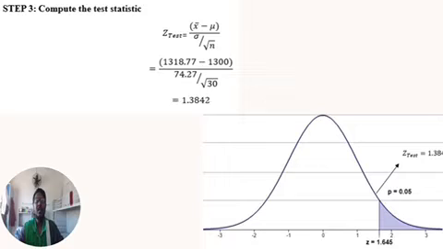For the normal distribution drawing, we will be drawing a normal distribution and shade the right tail of the distribution, because as said in the question, it is greater than 1300 calories, where the shaded region of the right hand side will be till the z critical value of 1.6449. And as seen here, the z-test is smaller than the z-critical, causing it to be not rejected because it is not in the shaded region. The shaded region is the region said to be the rejection region.